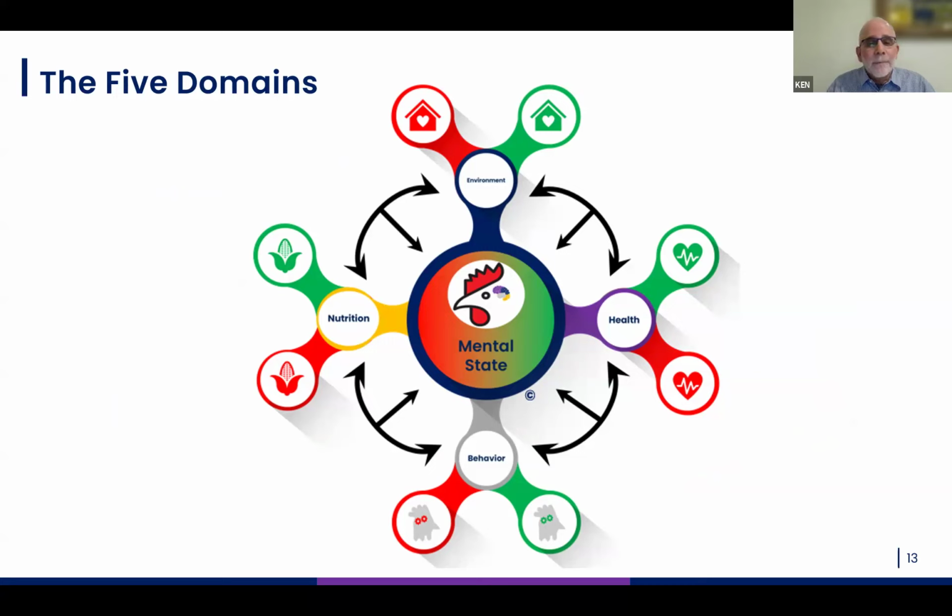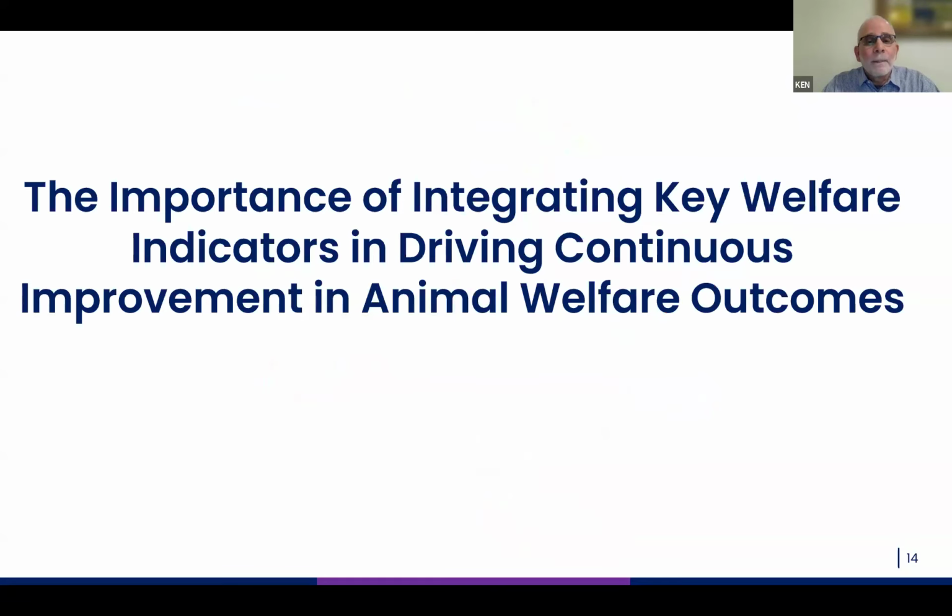They all impact that mental state, the welfare state of the animal. So hopefully with that quick introduction to the 5 domains, you can see how important it is to build your welfare program and your approach to welfare assessment around the 5 domains as opposed to the 5 freedoms, which I feel are less actionable.